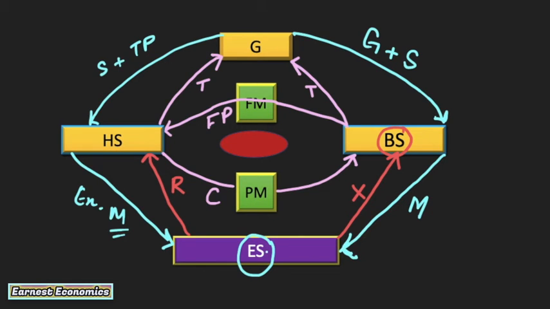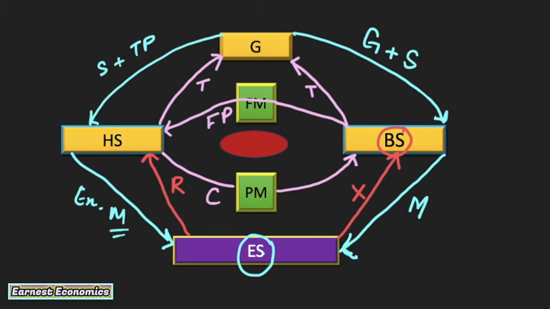So these interactions between the external sector and the business and household sectors complete our four sector model, and now we can comprehend through this simple four sector model how the external sector makes its impact on the circular flow of income that we have already studied in the three sector model.